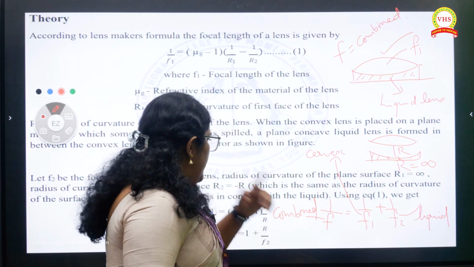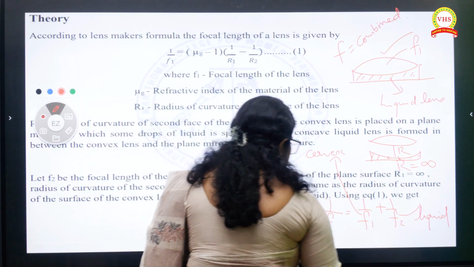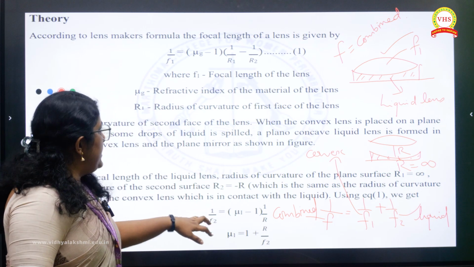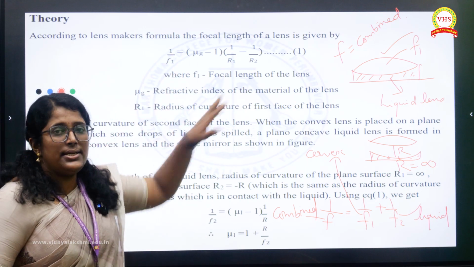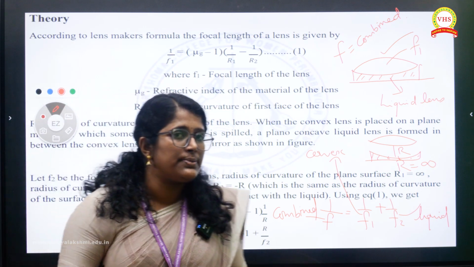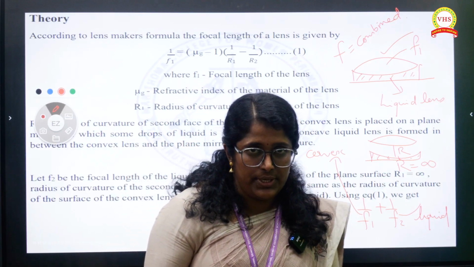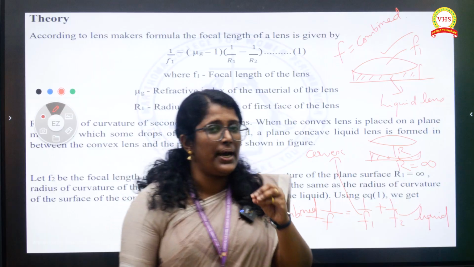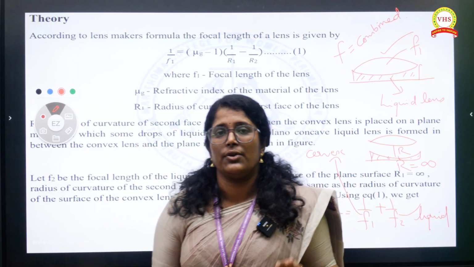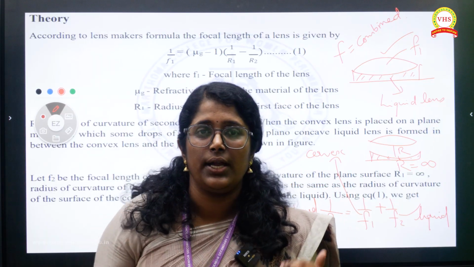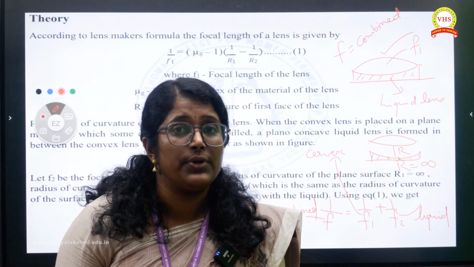Finally you can get 1 by F2, and here we have to apply the lens maker's formula. What is the lens maker's formula? 1 by F is equal to (mu2 by mu1 minus 1) into (1 by R1 minus 1 by R2), where R1 and R2 are the radii of curvature of the lens.